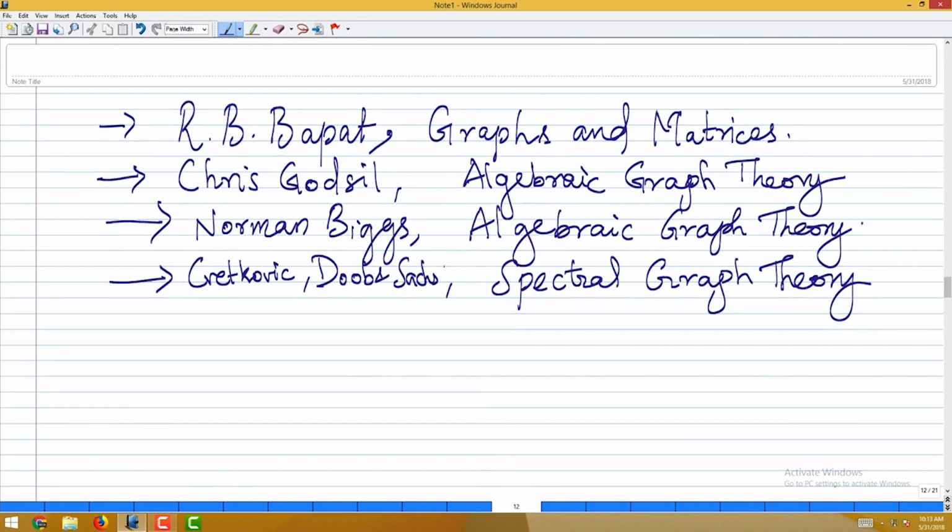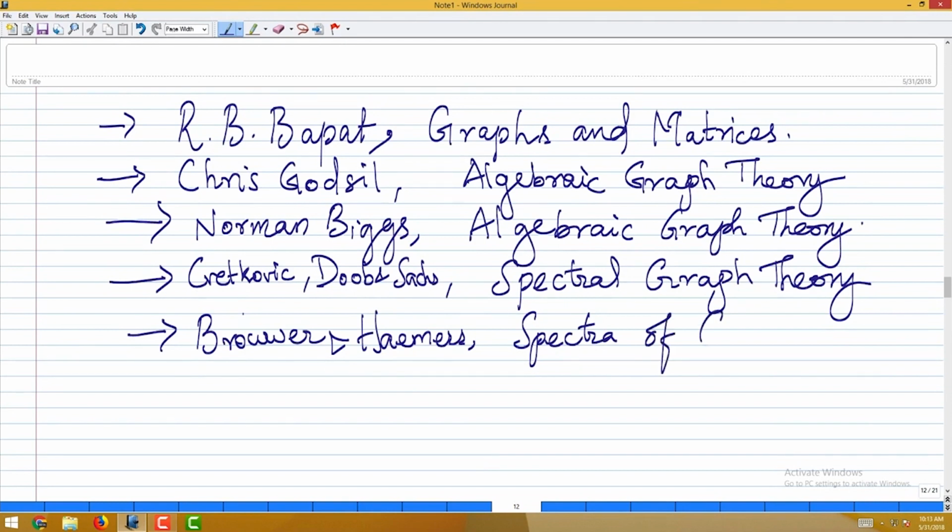It is a three-author book. I forgot their first names, these are their last names. And there is another, by Brouwer and Haemers, Spectra of Graphs.